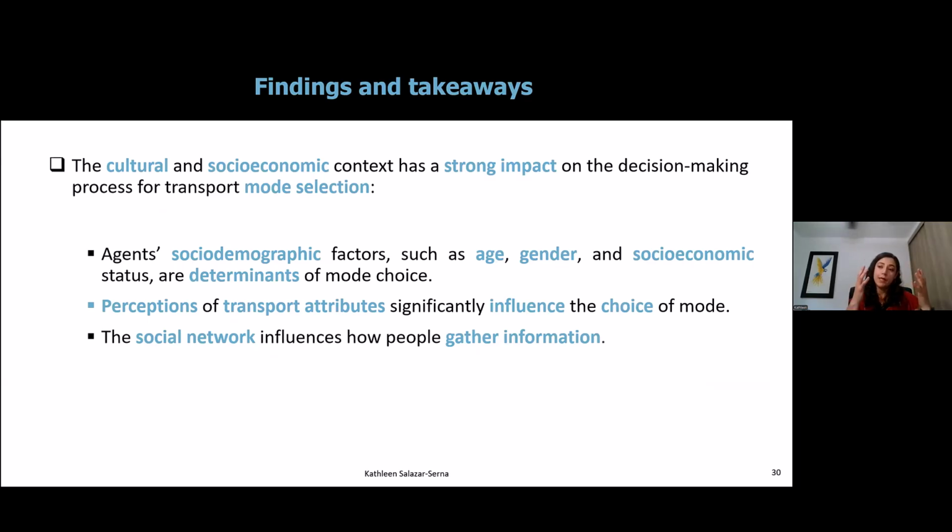And for the specific case of Cali City, we have that age, gender, socioeconomic status, and also perceptions about the transport attributes significantly influence this mode choice. And also, we analyzed that social networks influence the way that people gather information and in turn affect the decision making.